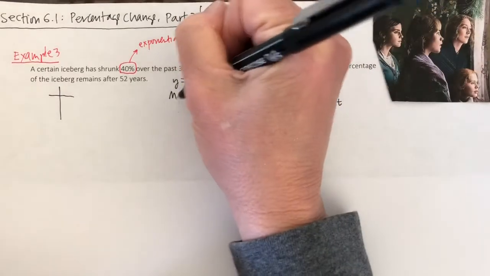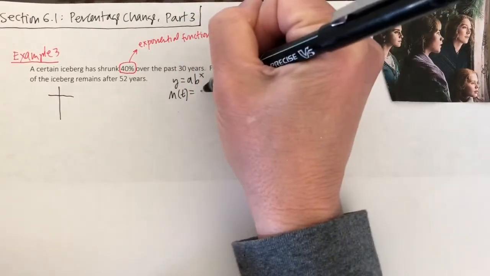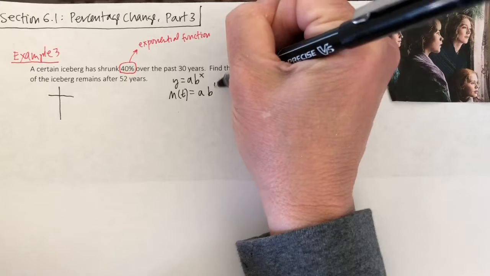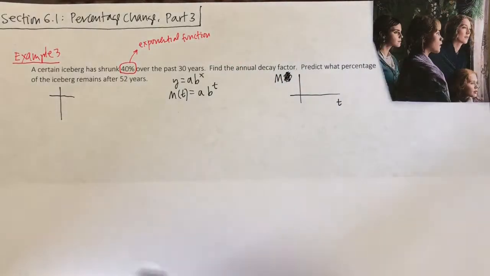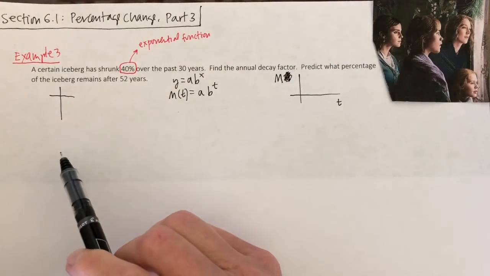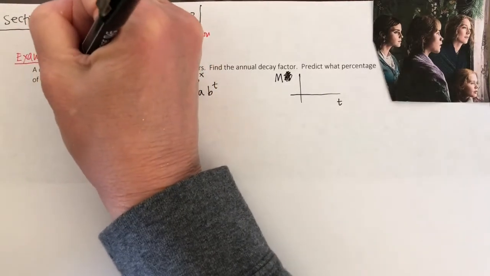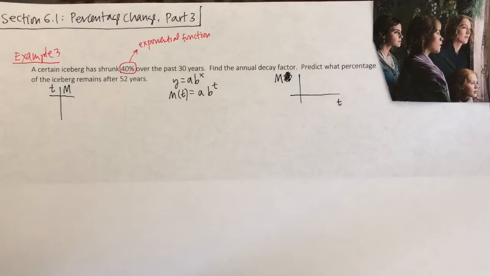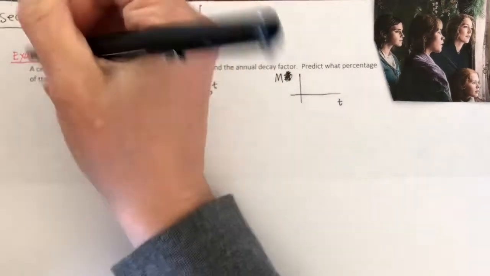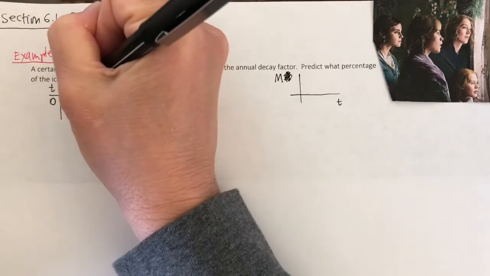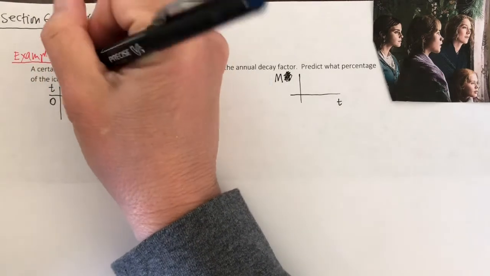Okay, so the mass of the iceberg over time is going to be some initial value times the change factor raised to the t, which is years. So my input is t and my output is mass. I don't know the initial value, so for right now, I'm just going to call it M1.